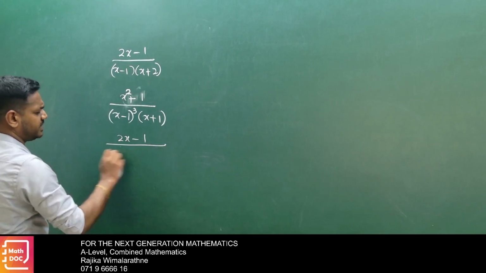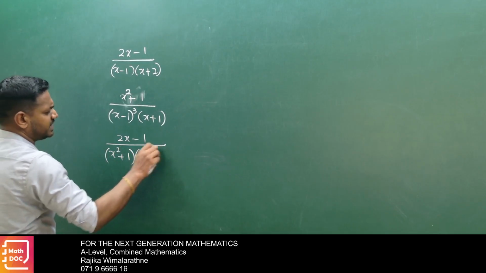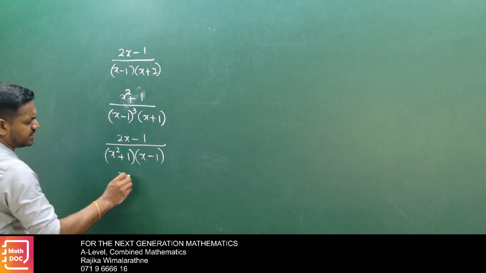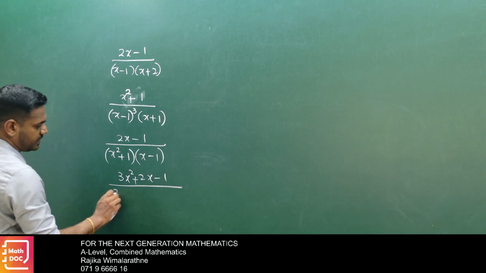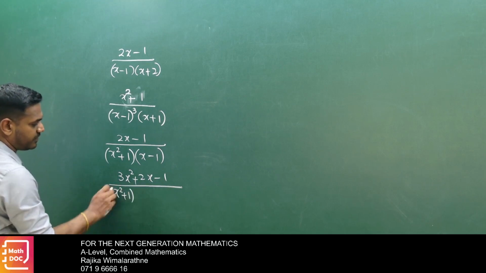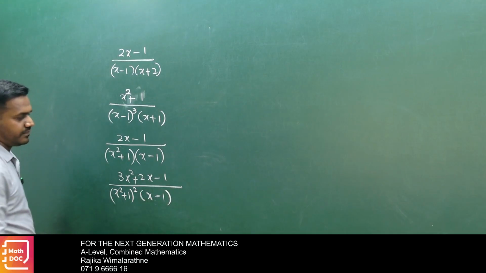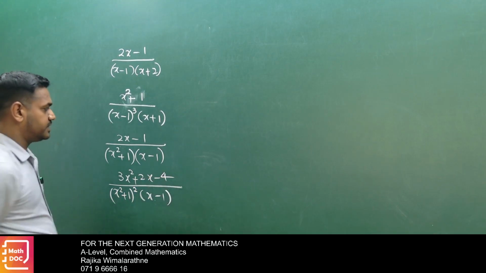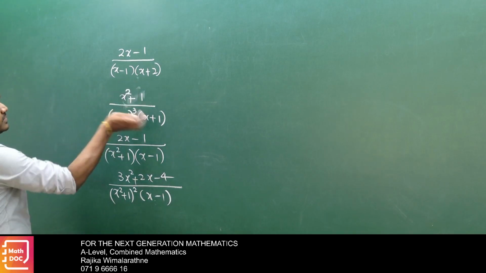Then (2x minus 1) over (x squared plus 1)(x minus 1), then (3x squared plus 2x minus 1) over (x squared plus 1) to the power 2 (x minus 1), kind of thing. Let's say 4 here.